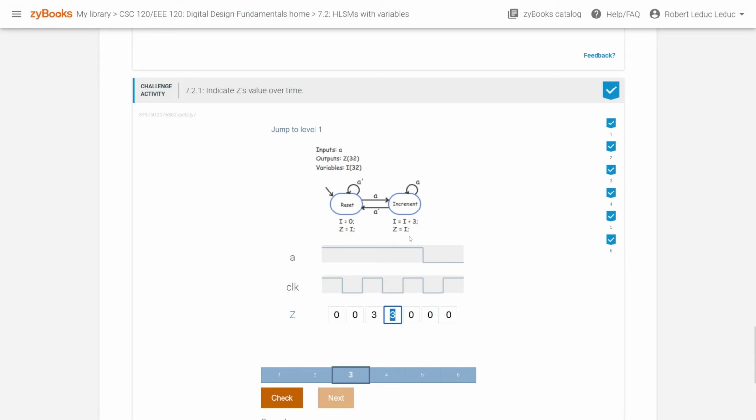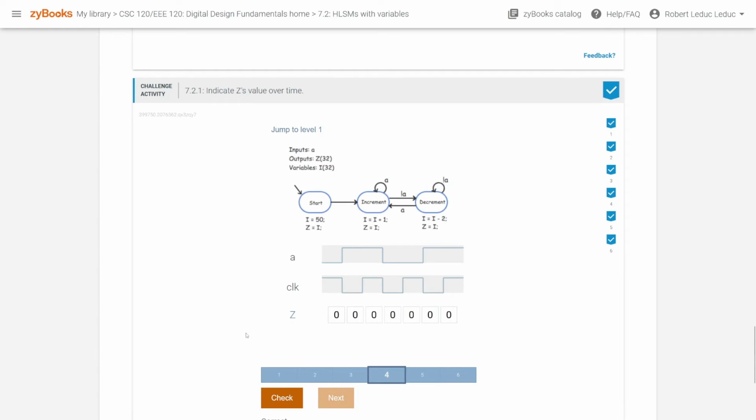And since Z is equal to I, our new value of Z is 6. And that will persist for a full clock cycle until the next and final rising edge of the clock, where we find the value of A has gone back down to 0, which takes us back to the reset state, where the value of Z returns to its initial value of 0. Checking our answer, we are correct.